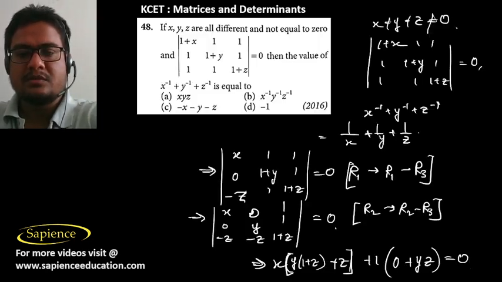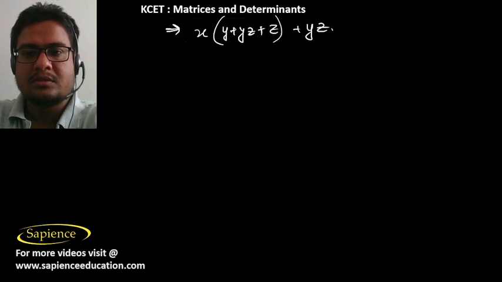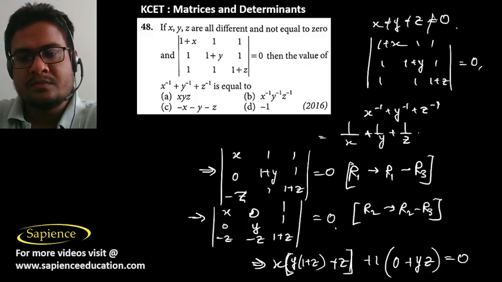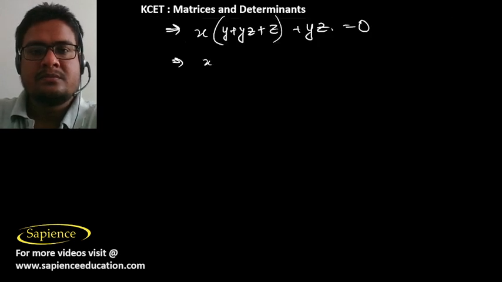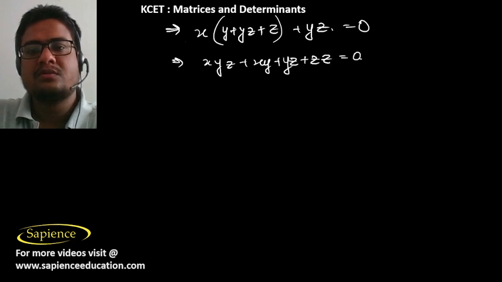So this implies x into y plus yz plus z plus yz is equal to xyz plus xy plus zx plus yz plus zx, that is 0.